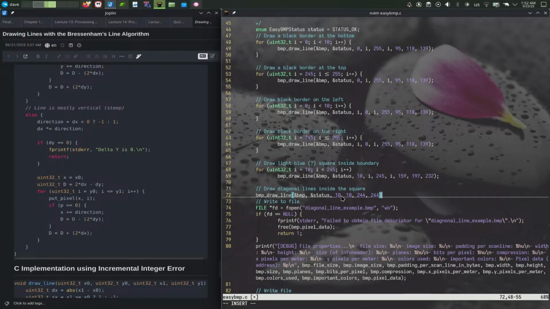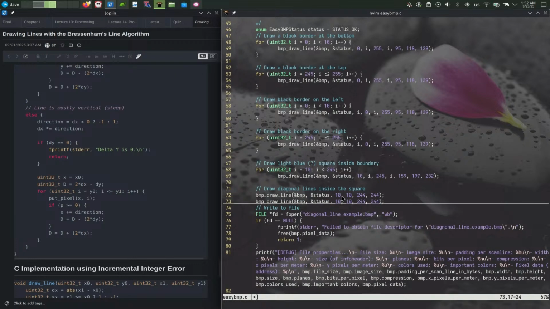Well, yeah, it should be perfectly linear. It's going to be a 45-degree angle, so I think that makes sense, right? Then conversely, this one would start from 10, 244 until 244, 10. So X goes across, but Y goes down. Yeah, okay, cool. I think that should work.